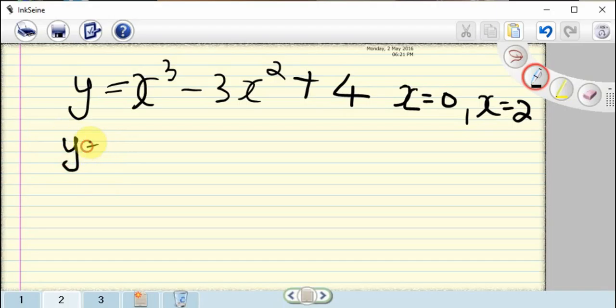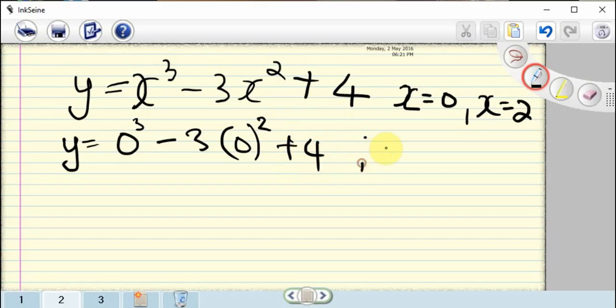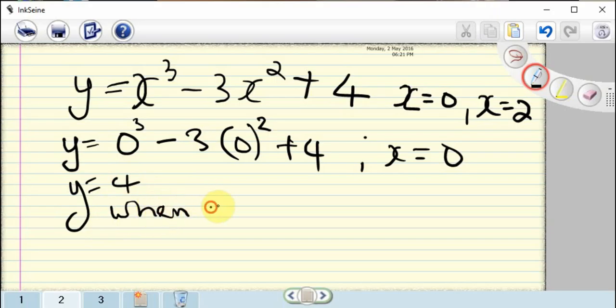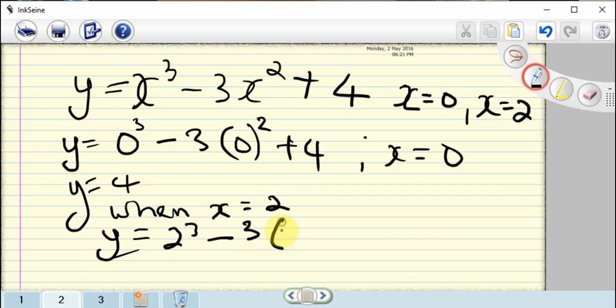So y is equal to 0 cubed minus 3 times 0 squared plus 4, and that is when x is equal to 0. So that means y is equal to 4. When x is equal to 2, y is equal to 2 cubed minus 3 times 2 squared plus 4.